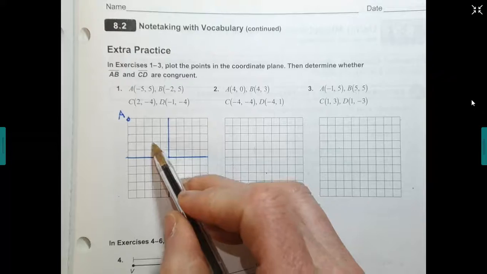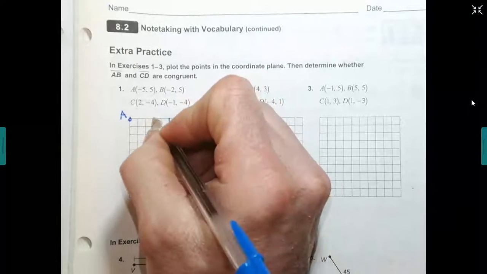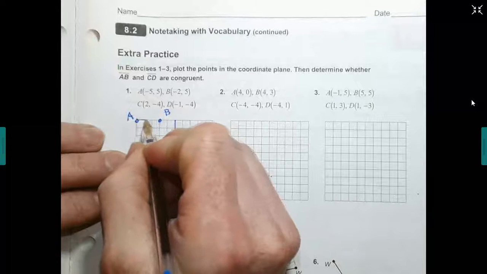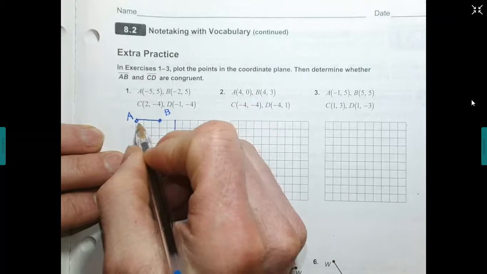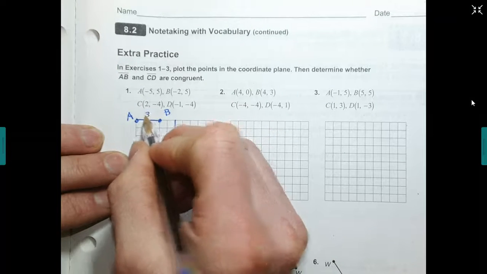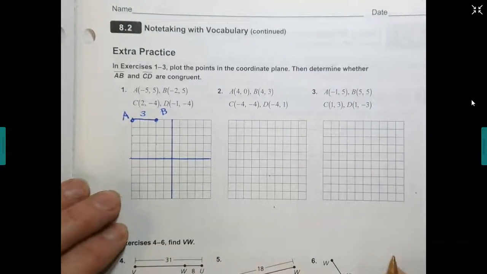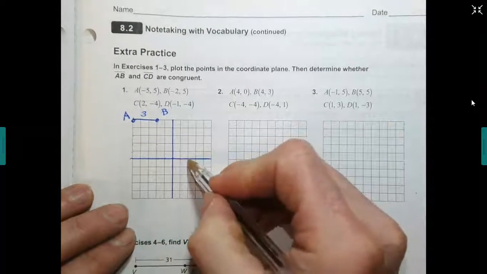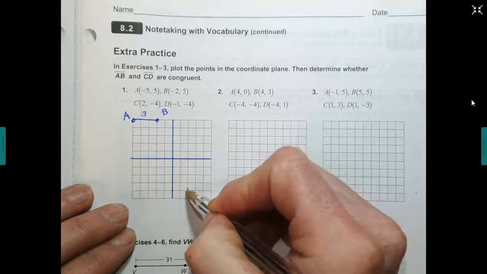And then I have negative 2, 5, negative 2, and that's B. So there's my line segment right there, and it's 1, 2, 3. So it's 3 units. Now let's check CD. I have 2, negative 4, 1, 2, 3, 4.